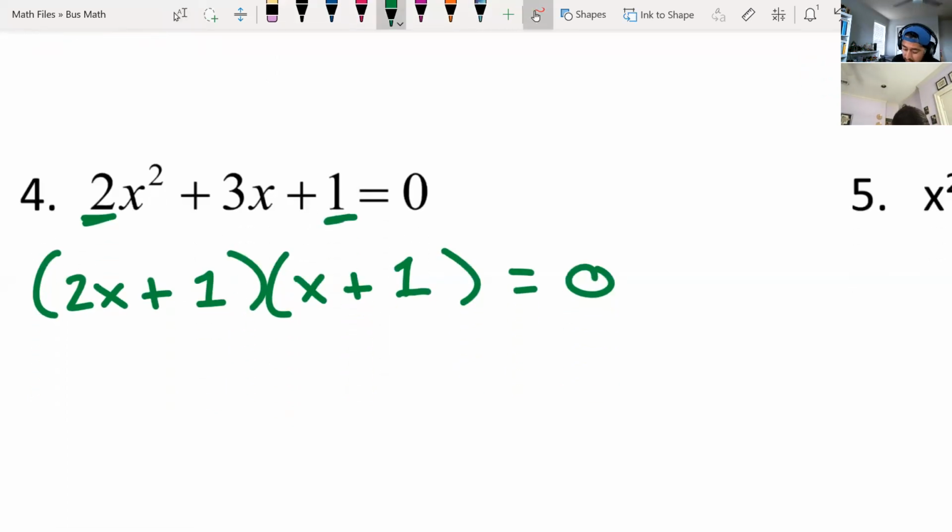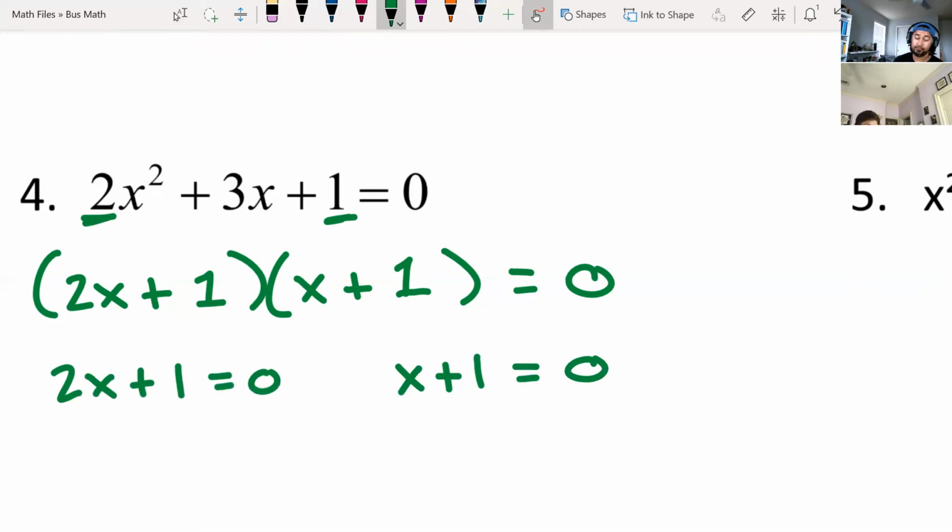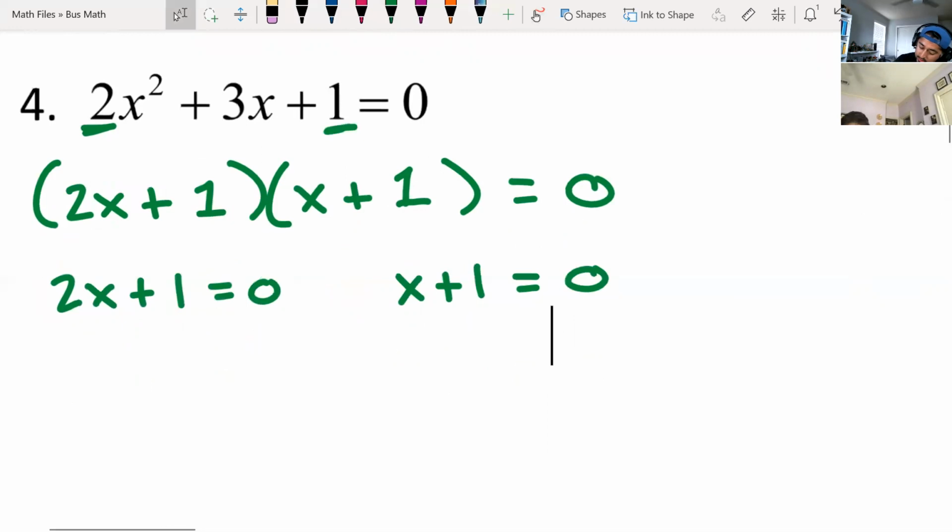All right. So now this is factored. It's correctly factored. So now you'll set each of these equal to 0. 2x plus 1 equal to 0. X plus 1 equal to 0. And solve for x. So we'll get over here, 2x equals -1.